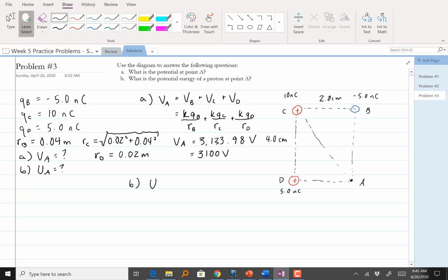And that is that the electric potential energy at A is equal to the charge that's at A. So that's going to be the charge of a proton.